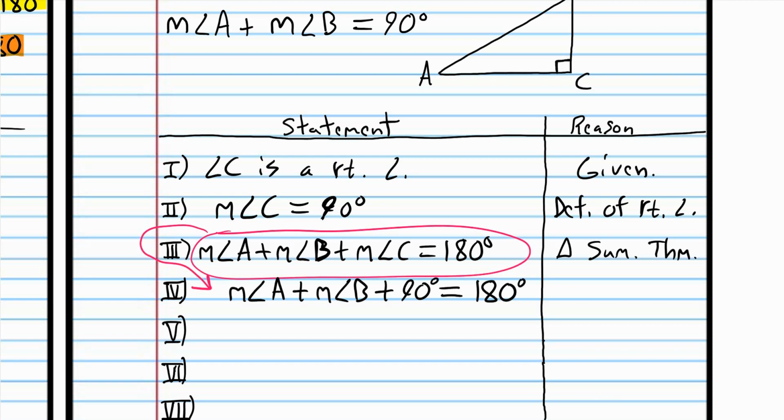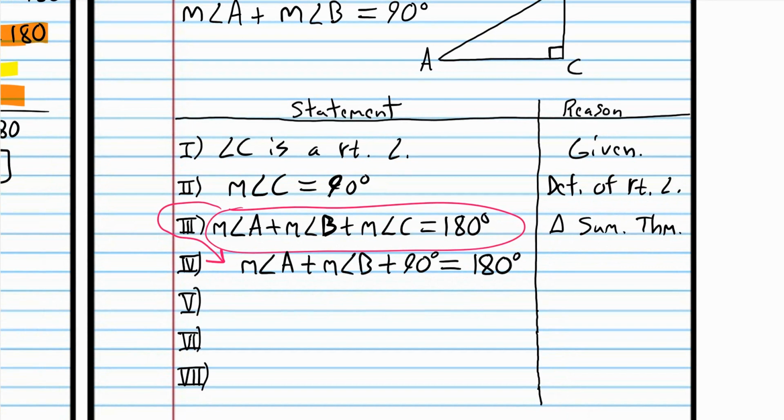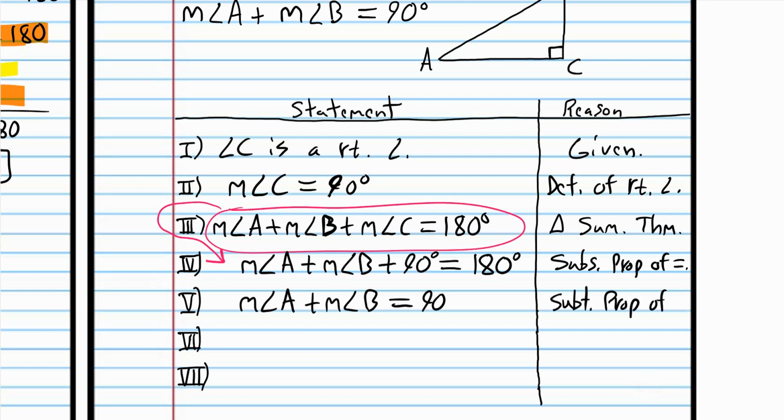You can put your degree signs if you want, or you don't have to. So that is substitution property of equality. Now I'm going to subtract 90 from both sides of that equation, and I end up with measure of angle A plus measure of angle B is equal to 90. That is the subtraction property of equality.